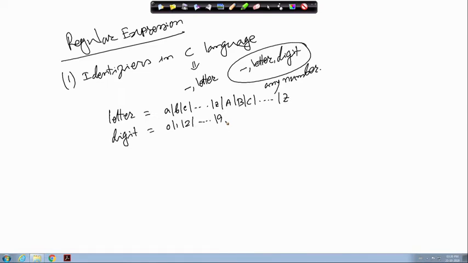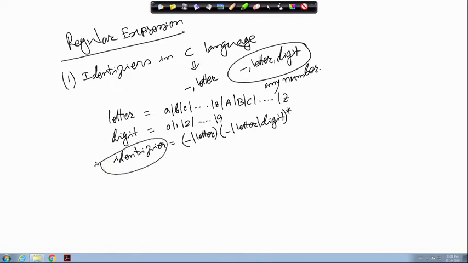After that you can define identifier. It can start with the underscore character or a letter, and after that the next characters can be underscore, letter or digit, and they can come any number of times. So, there should be a star on that. This defines the identifier for the programming language.